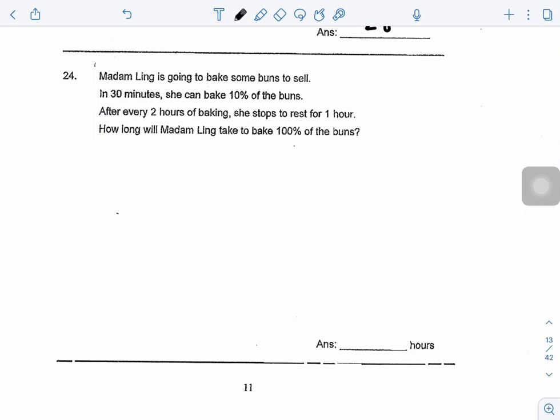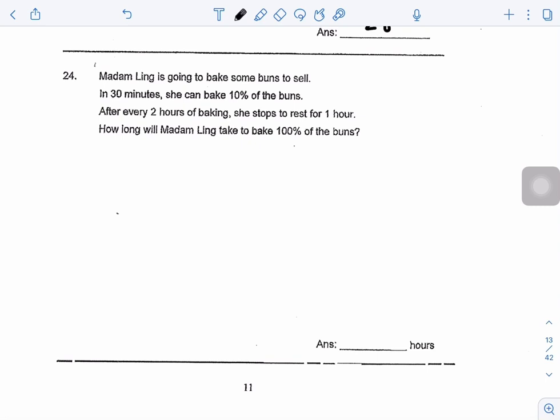Question 24. Madam Ling is going to bake some buns to sell. In 30 minutes, she can bake 10% of the buns. After every 2 hours of baking, she stops to rest for 1 hour. How long will Madam Ling take to bake 100% of the buns?